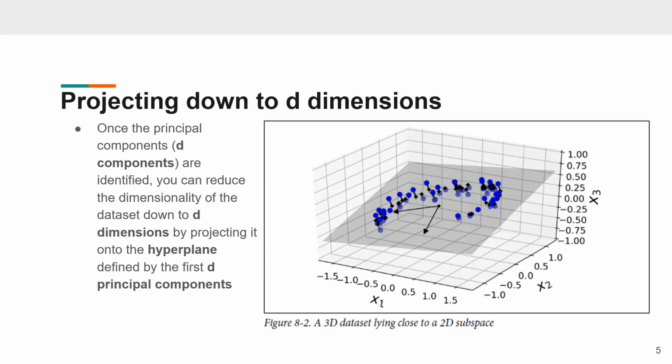So in this example, the original data is three-dimensional, and we want to project onto two-dimensional space. Then you just need to take the first two components of V. As a result, you figure out those two directions, and then you project onto the hyperplane defined by those two directions.